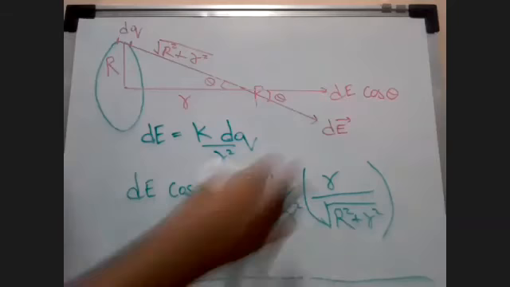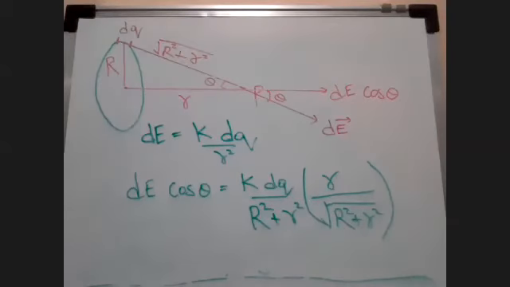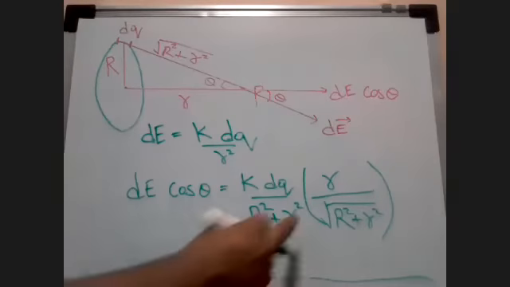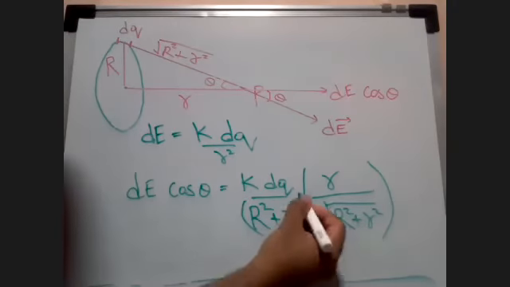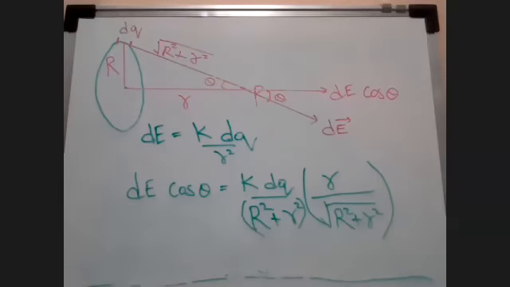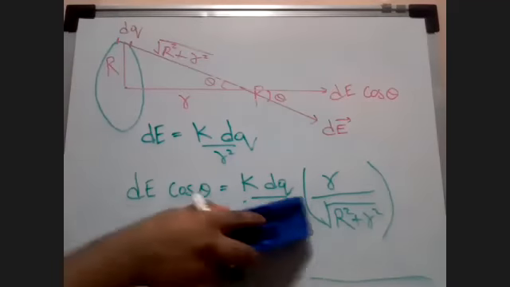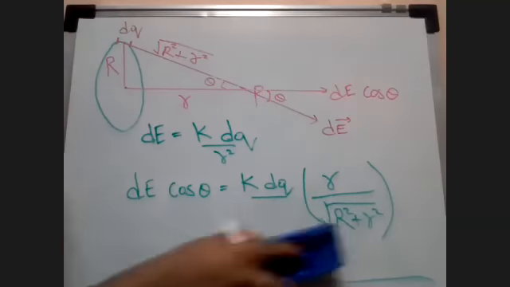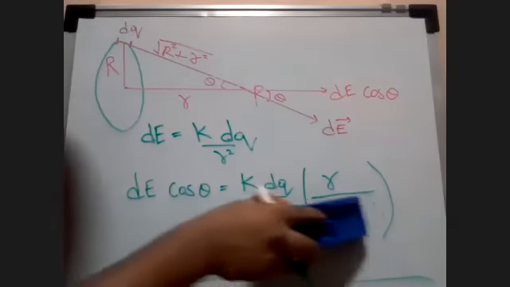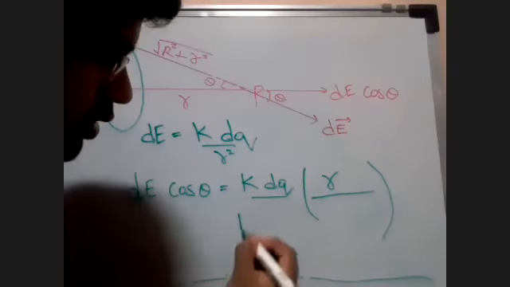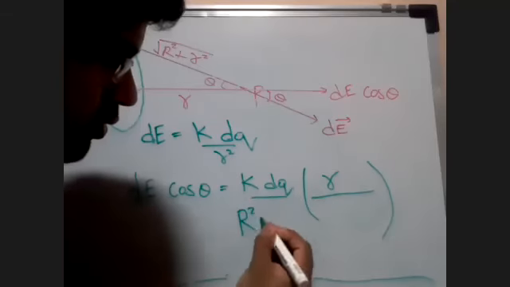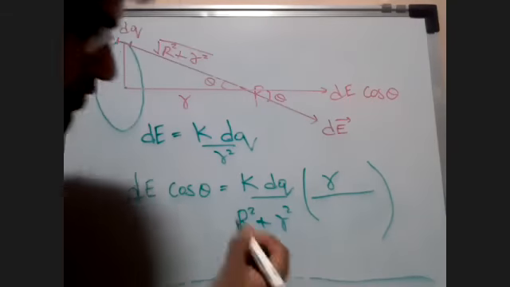I hope this is understandable. It's a simple thing. Simplifying this, you get R square plus r square raised to 3 by 2.